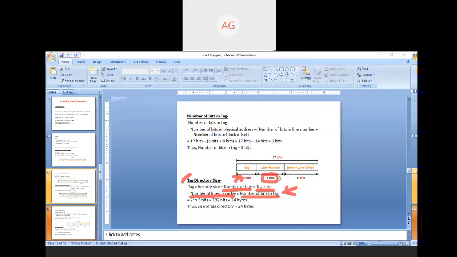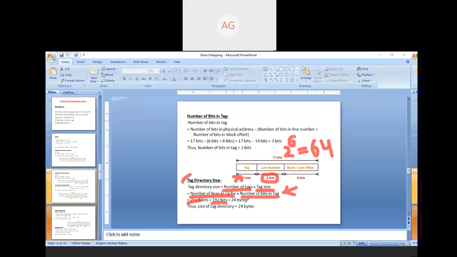So how many lines? The number of lines is 2 to the power 6, and 2 to the power 6 is equal to 64. So we need to multiply 64 by 3, which comes to 192.